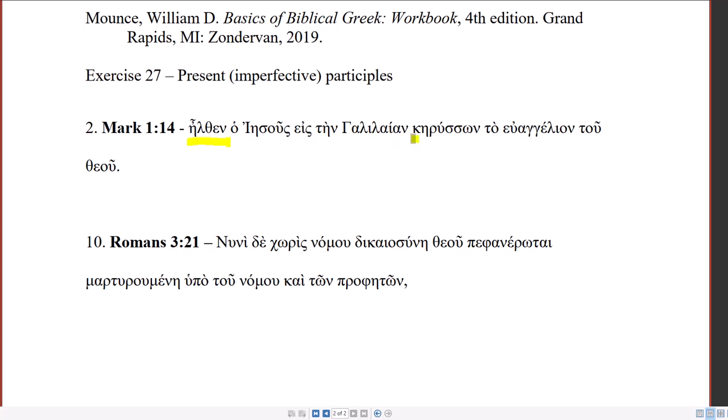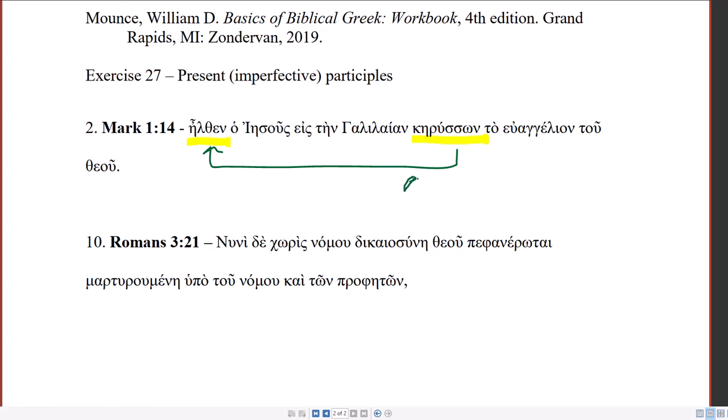And then here is our participle, keruson. And so this looks like it's related back to the verb came. So he came, and then he came doing something.